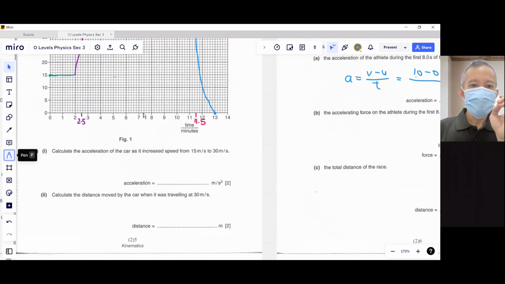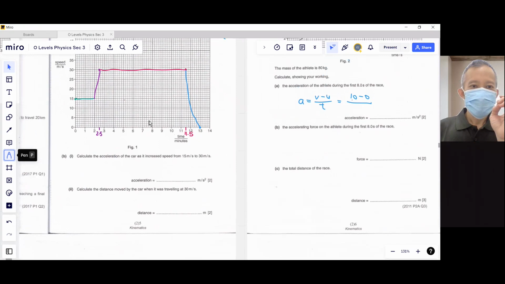When it was traveling at 30 meters per second. Same thing for you, Fujin. If you have questions, do ask. No, sir. Okay, fantastic.